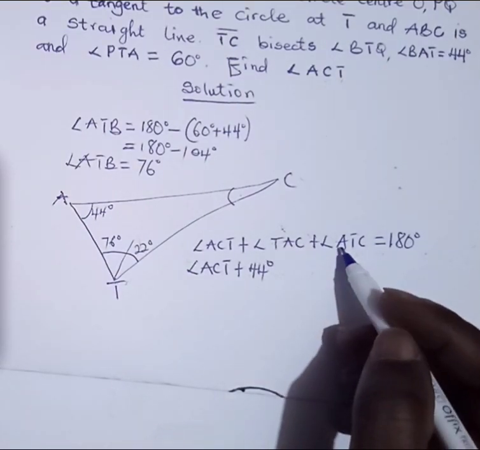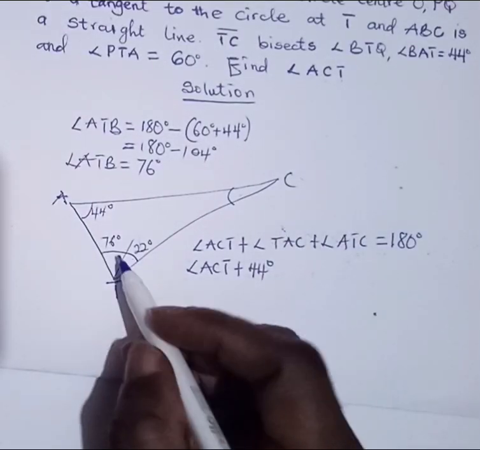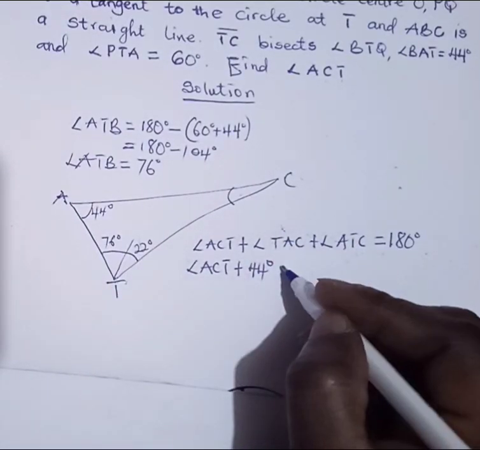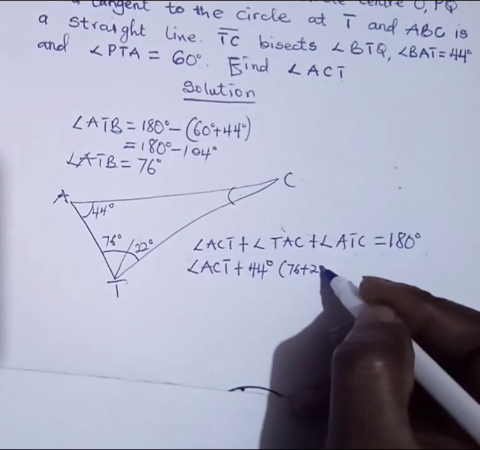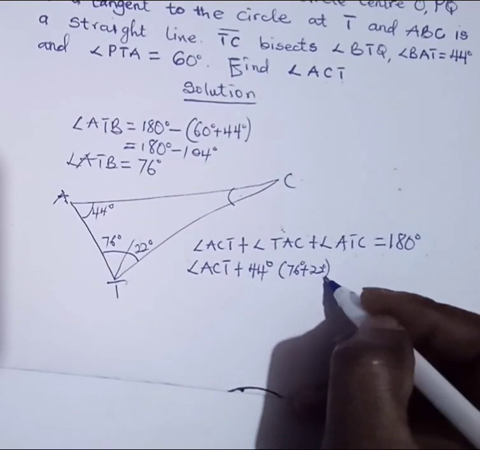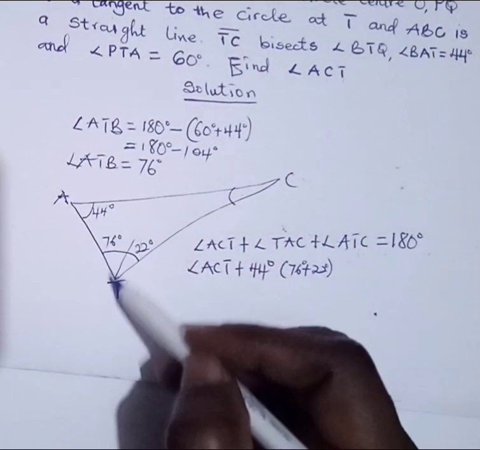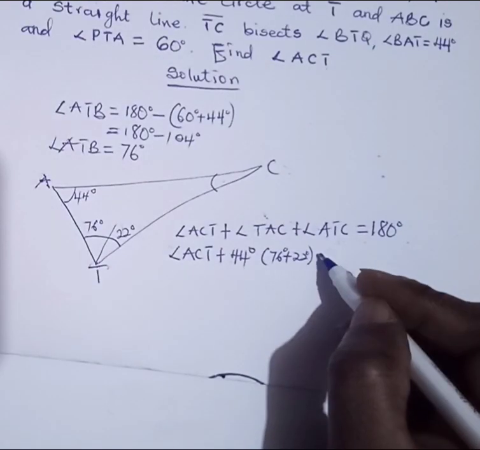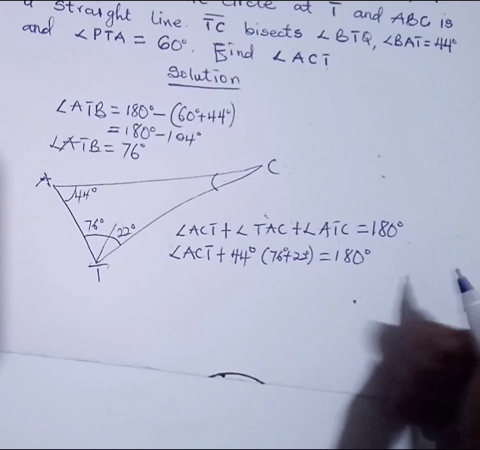Let's look at angle ATC. So angle ATC, that's where we have what? The 76 plus 22 degrees. That's for the whole of what? ATC. Good. Which is equal to 180 degrees.